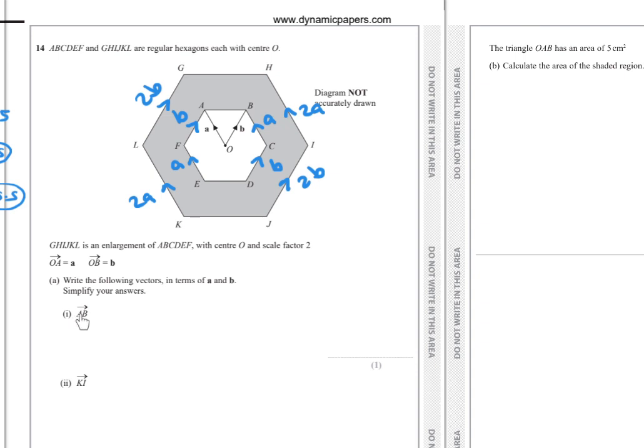So now vector AB equals AO plus OB. So negative A plus B. Now vector KI. From K to reach I, you can go through J. So KJ plus JI.